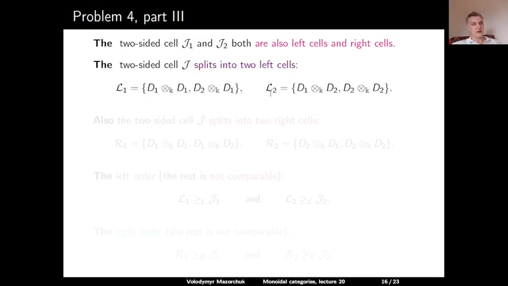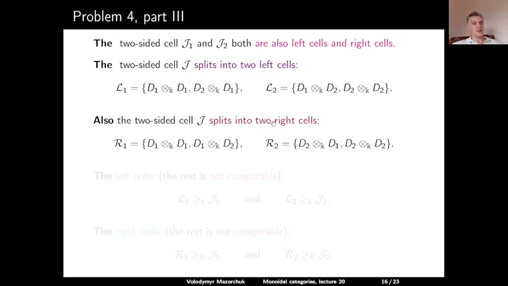And similarly L2, we have two indecomposable projective bimodules which have D2 as their right-hand side. And similarly, J splits into two right cells: R1, where the left side of the indecomposable projective bimodule is D1, and R2, where the left side of the indecomposable projective bimodule is D2.